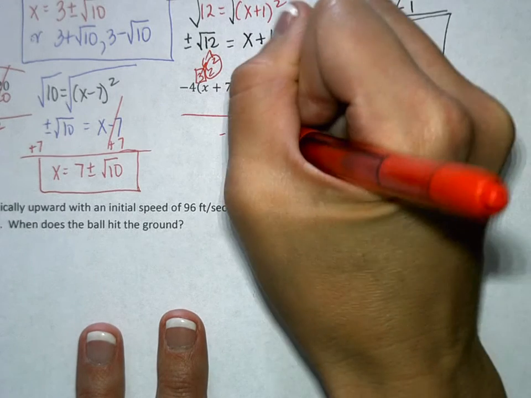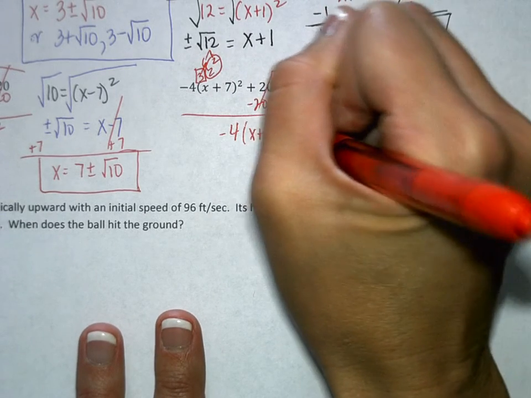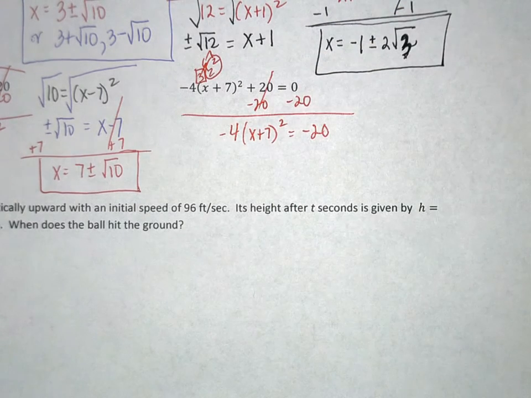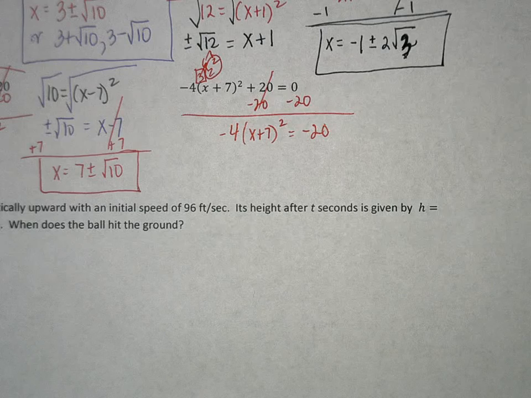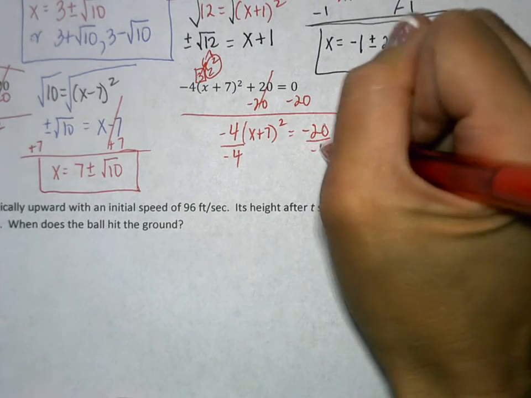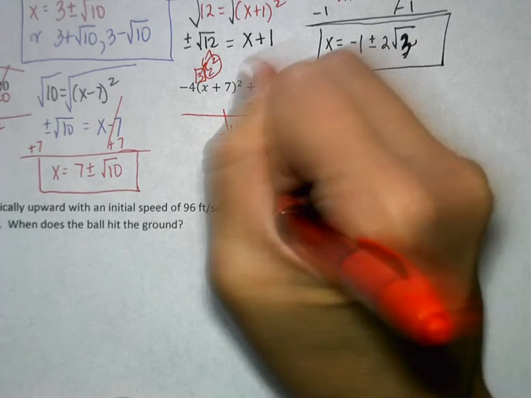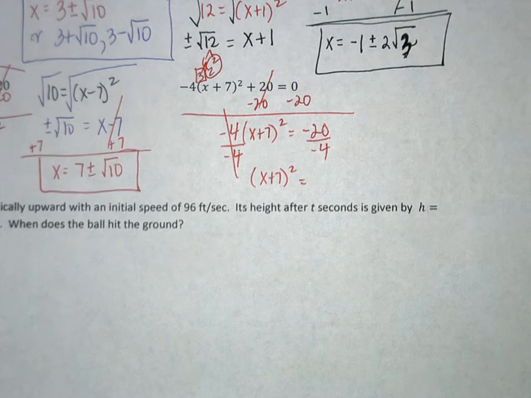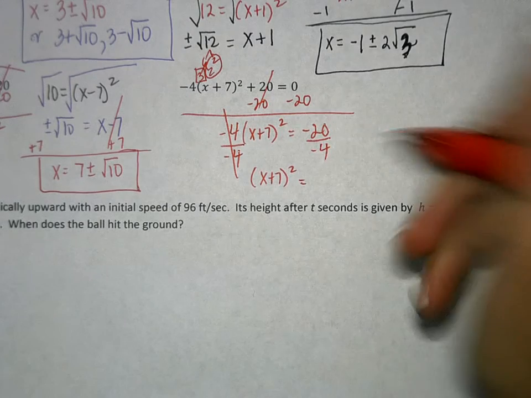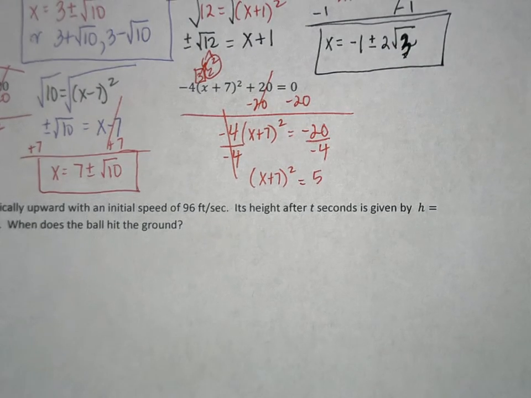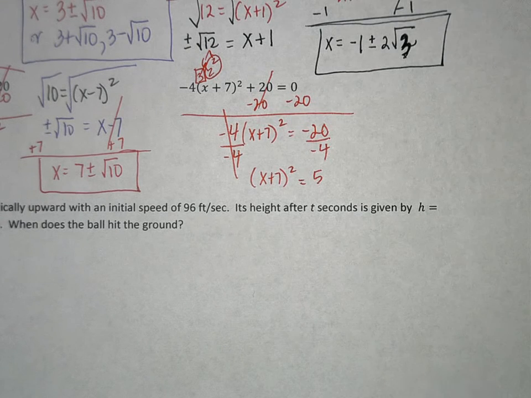Okay, side conversations need to stop, please. Okay, what do I do next? Good. Divide by -4 to both sides. We have x plus 7 squared equals, and what's -20 divided by -4? Positive 5. Okay. Is the square by itself? Yes. There we go.